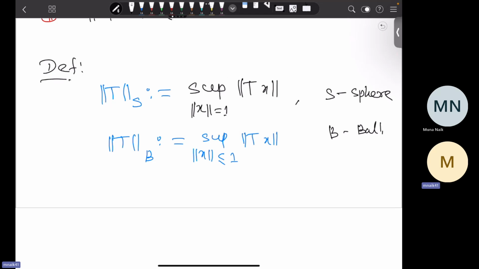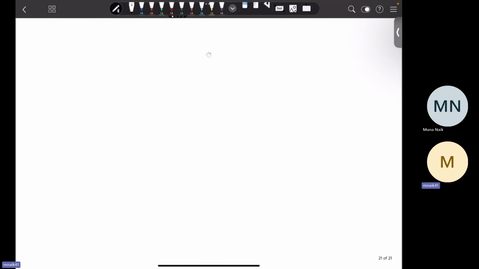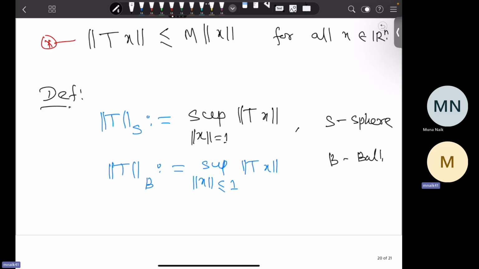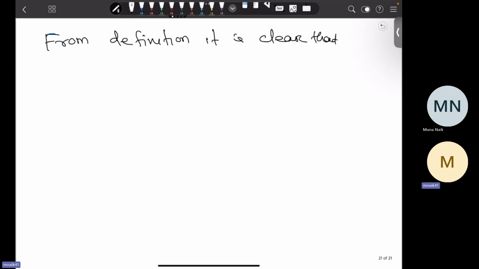From the definition, it is clear that the norm of Ts is always less than or equal to the norm of Tb, because the supremum is taken over a bigger set.